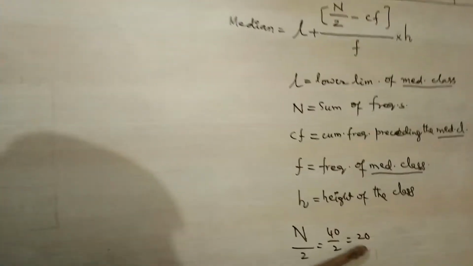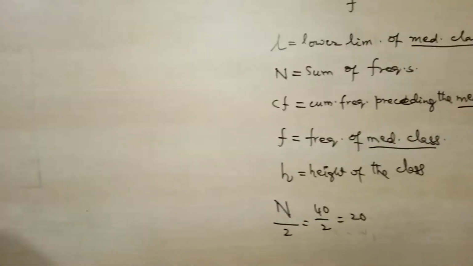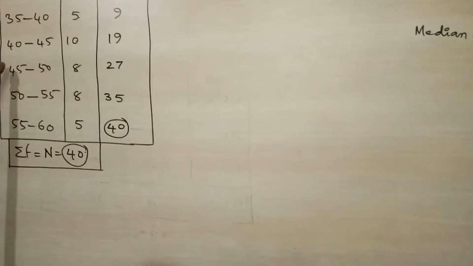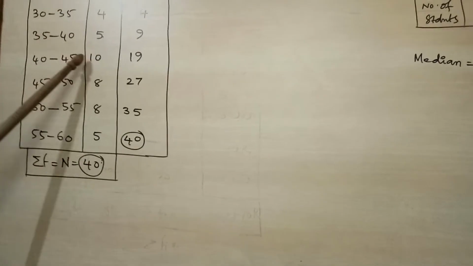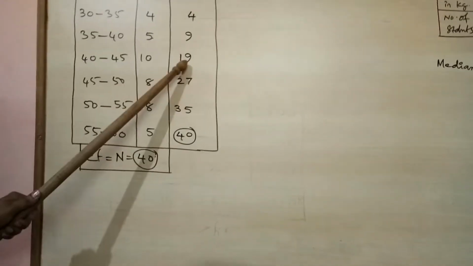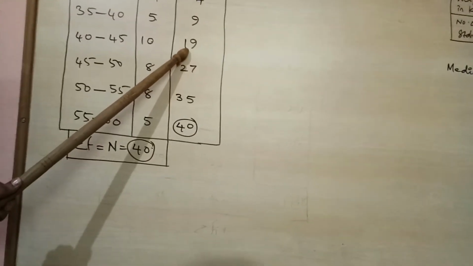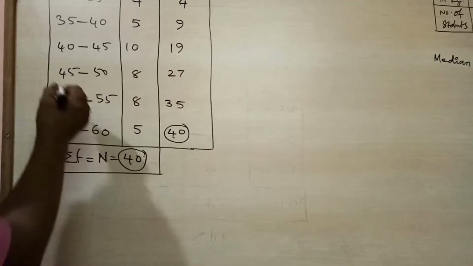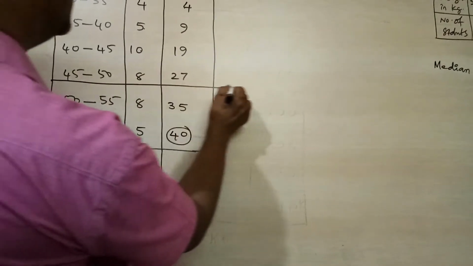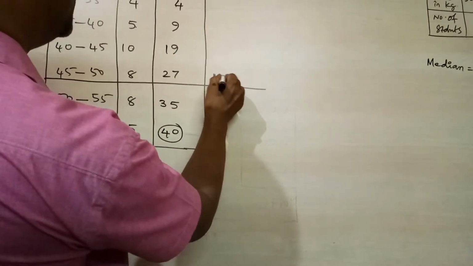Now, check here. This 20 lies in this class. Up to the previous class, we have only 19. From 20, 21, 22 up to 27 we have in this class. Therefore, this becomes the median class.